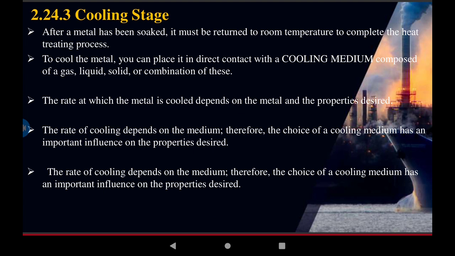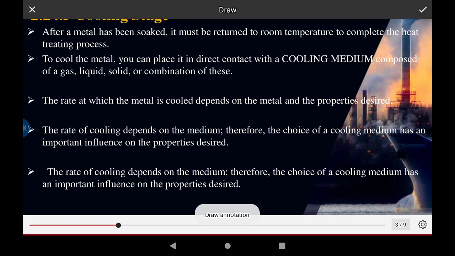Cooling stage of the heat treatment process.